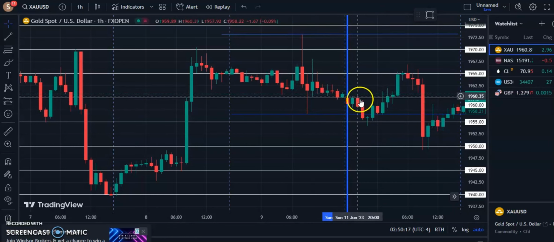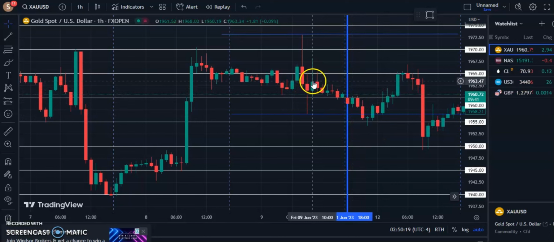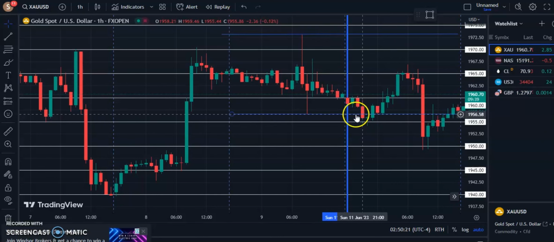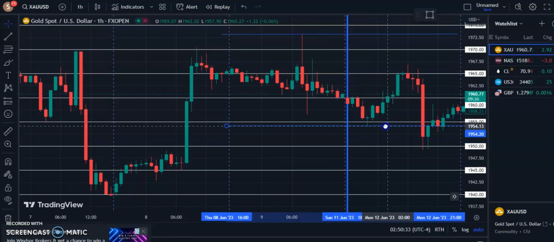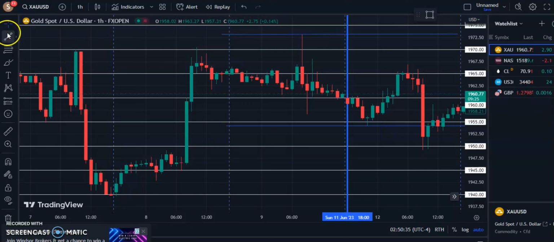As you can see, the first day we break down and trigger the previous day's low, and then at the double zeros, the 50, we have a resistance, and now we have the low of the day Monday, and we have the high of the day.